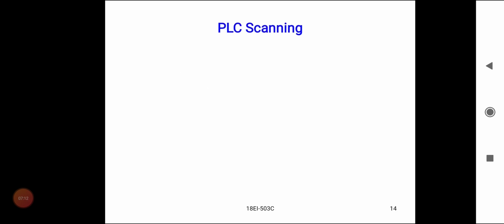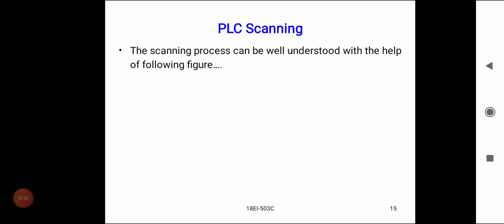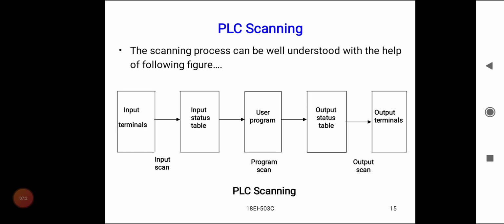PLC scanning. The scanning process can be well understood with the help of the following figure 2.